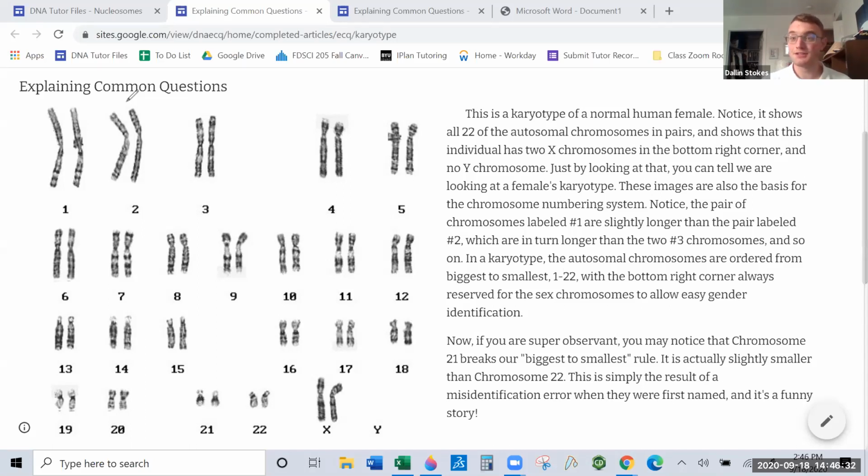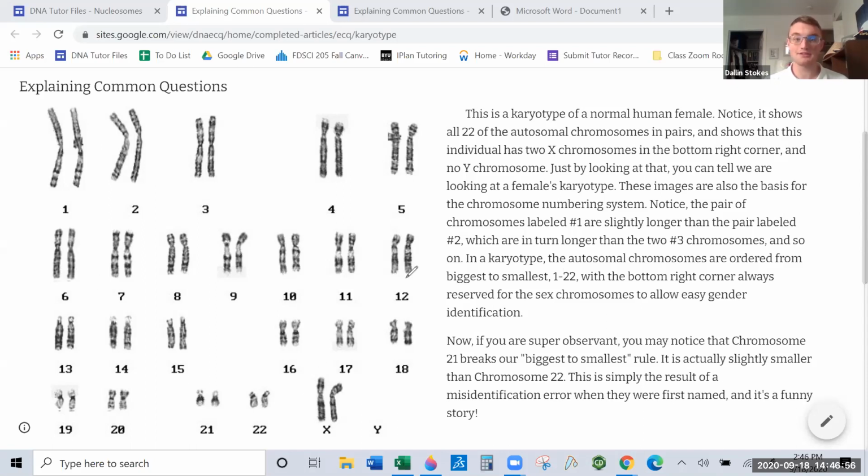The first one is size. So we organize them by size. Notice chromosome number 1 is the longest one. And then chromosome 2 is slightly shorter, chromosome 3, chromosome 4, all the way down to chromosome 22. And then there's these ones down here, and I'll explain that in a sec.